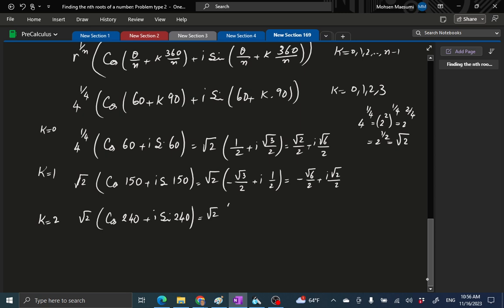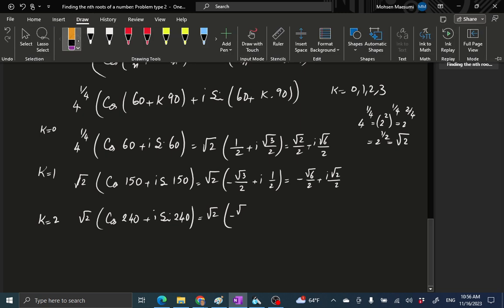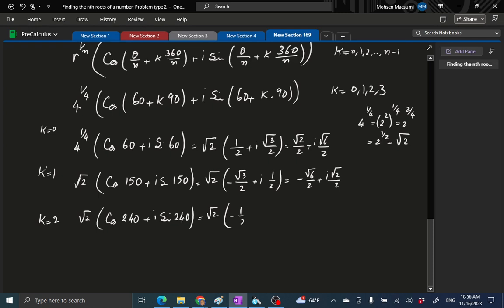And radical 2 cosine of 240. Cosine of 240, what was that? It's minus 1/2. Sorry. Sine of 240 is going to be minus I radical 3 over 2. Multiplying, we get minus radical 2 over 2 minus I radical 6 over 2. As we said, it has to turn out to be the negative of this.